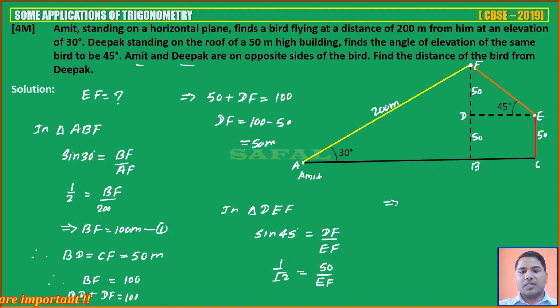So on cross multiplication, EF I'll get as 50 root 2 meter. If you want to convert to decimal, 50 into 1.41 approx, the root 2 value, so this effectively comes out to be 70.71 meter approx. So the distance of the bird from Deepak was 70.71 meter. It was a good question because visualizing the situation is more important in application of trigonometry questions.